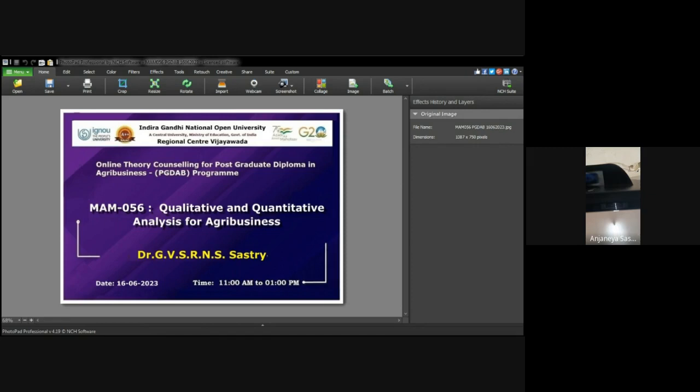So this is the table and this is the figure. Here we give the source and table number, and it is depicted in the figure. These are very, very important in the preparation of a thesis.